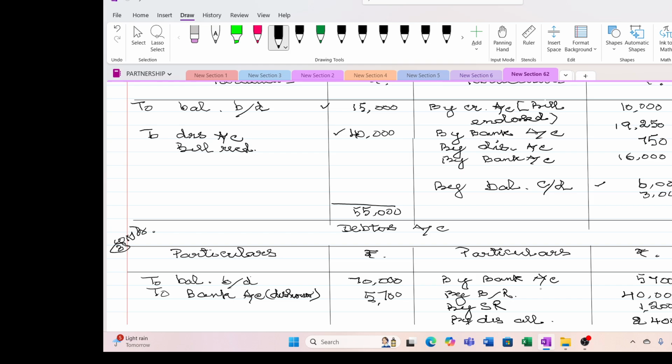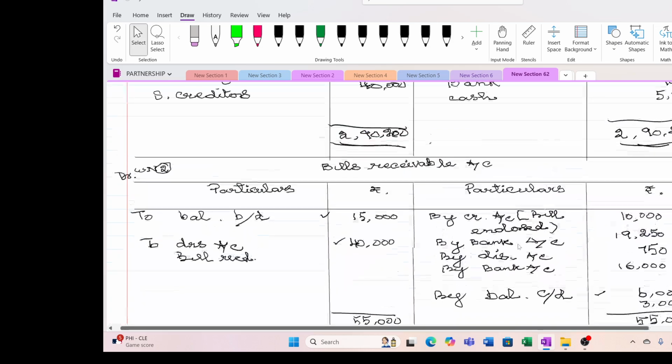So what must this be? See here, generally you will not have all of the balances. Either the amount received, or the bank account, or the bills received during the year, any one of these will be a balancing figure. But here the bank account is also given.